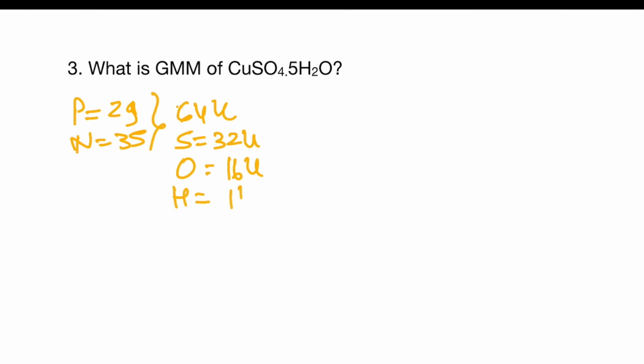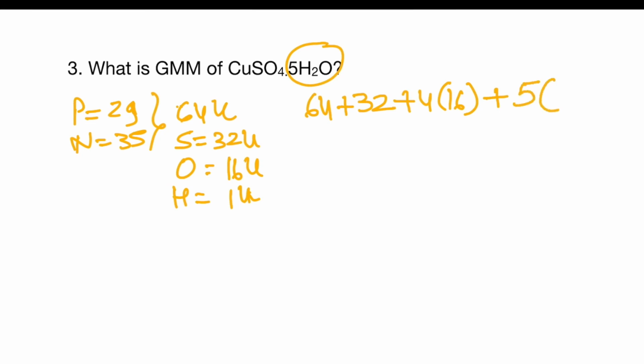Hydrogen is 1 unit. So the molecular mass of copper sulfate will be given by 64 plus 32, which is sulfur's atomic mass, plus 4 into the oxygen atomic mass of 16, then plus we have 5 molecules of water. So we have to put the mass of 5 molecules, so here 5 multiplied by 18 units.